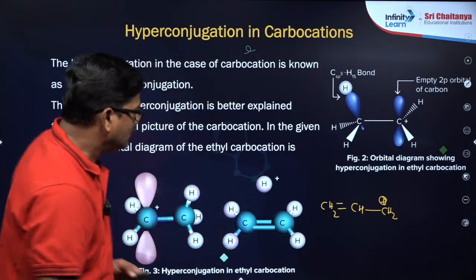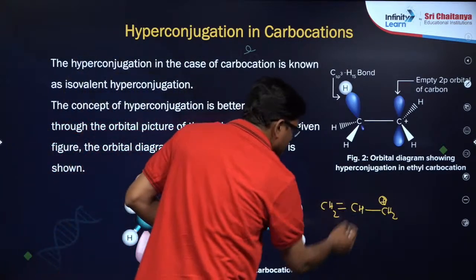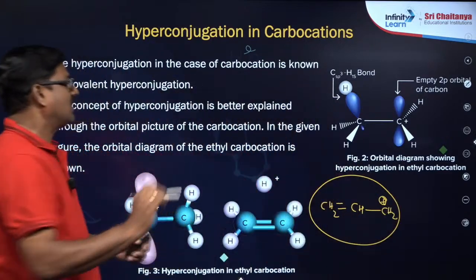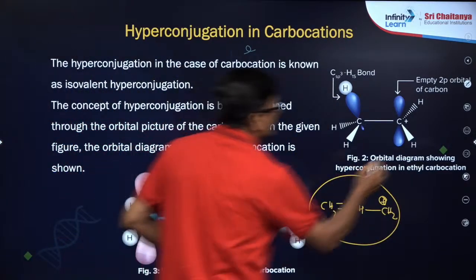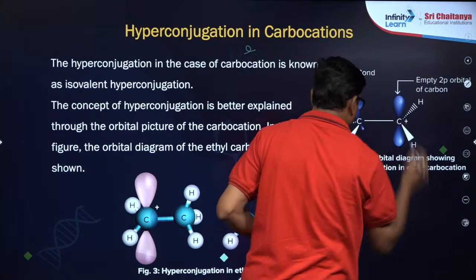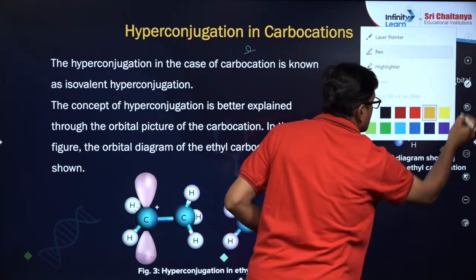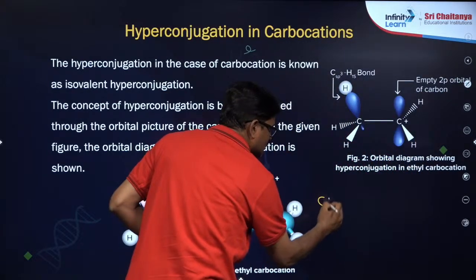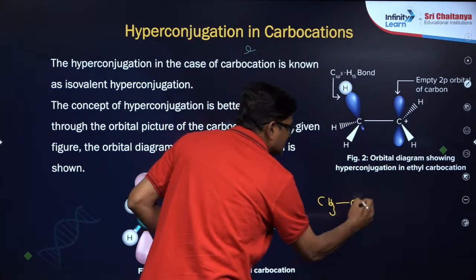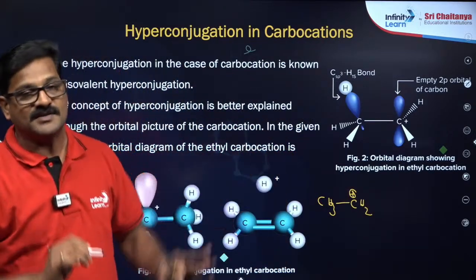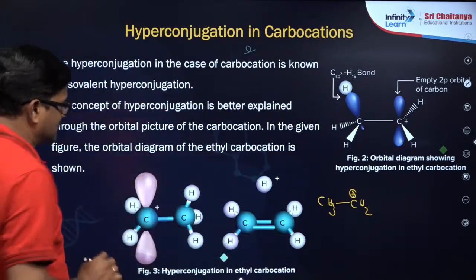This carbocation, the hydrogen atoms that are attached here will participate in the carbon CH3 and CH2 plus. So let us see the hyperconjugation structures that are given to this.